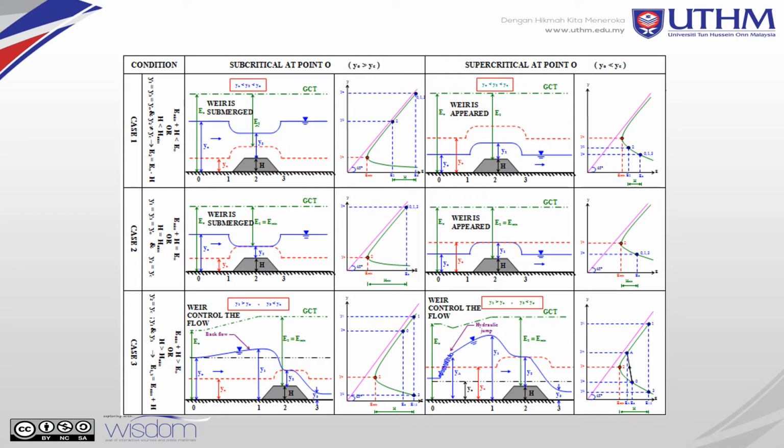Okay, look at this table. No need to worry. You just need to know how to identify the condition of case 1, case 2, and case 3, and also the condition of flow, subcritical and supercritical.